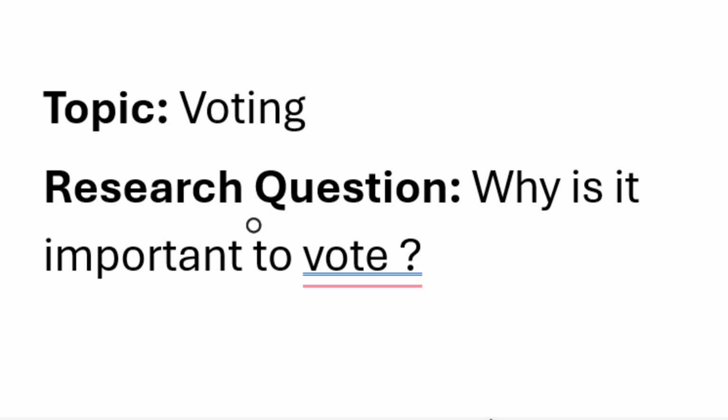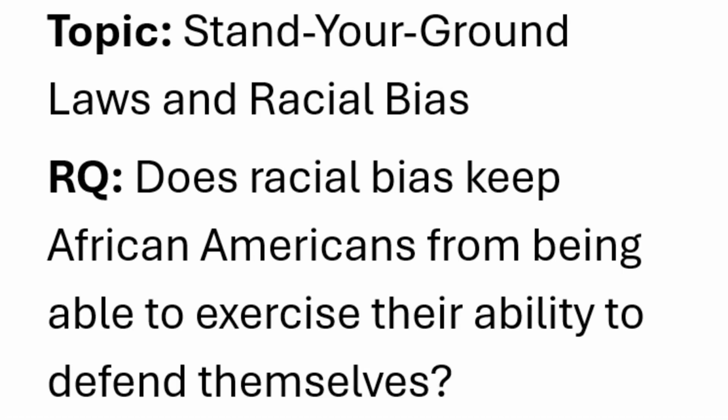Now, here's another topic. Stand your ground laws and racial bias. I think it's much more spelled out. And the research question is, does racial bias keep African Americans from being able to exercise their ability to defend themselves? Good.